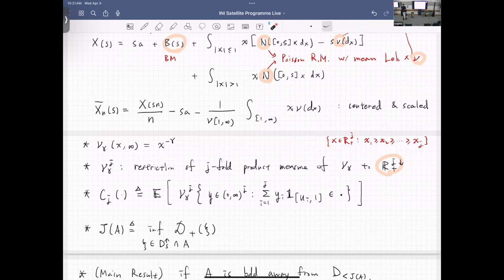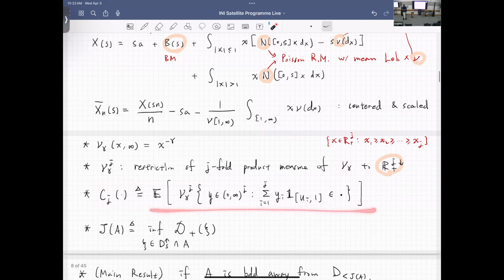So the first coordinate is larger than the second coordinate, and so coordinate-wise it is decreasing. So that's the restriction on that part of the space of the J-fold product measure. And C of J, remember that C of J was the measure that appeared in the lower and upper bounds of the large deviations.